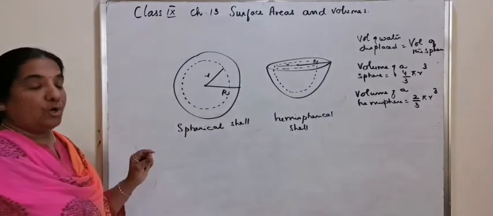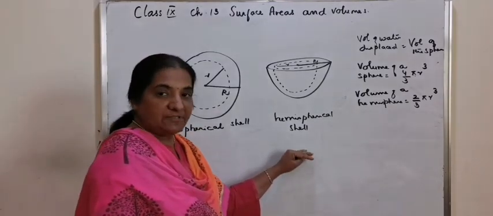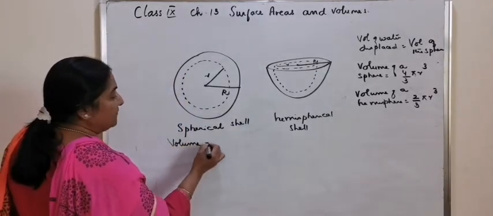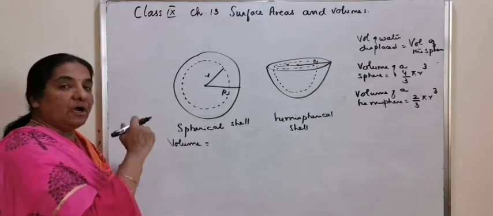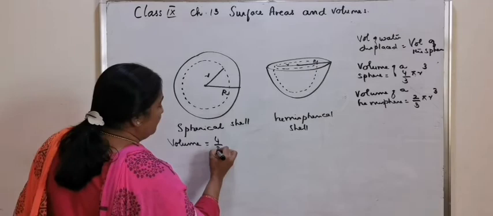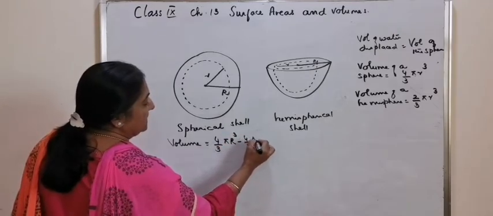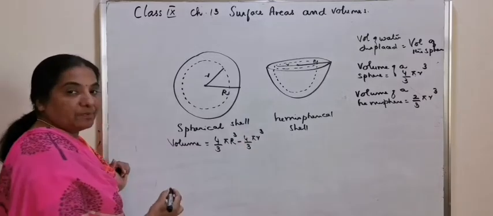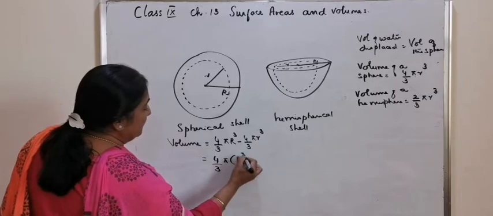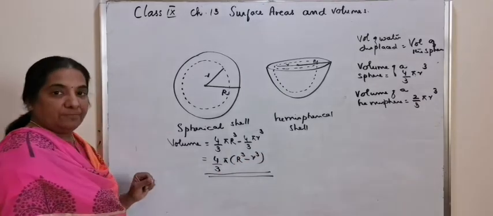What is the volume of a spherical shell and that of a hemispherical shell? The volume of the spherical shell is volume of the outer sphere minus volume of the inner sphere, 4 by 3 pi capital R cubed minus 4 by 3 pi small r cubed, or by taking the common factor, 4 by 3 pi times capital R cubed minus small r cubed.